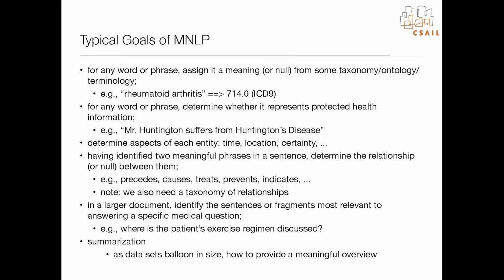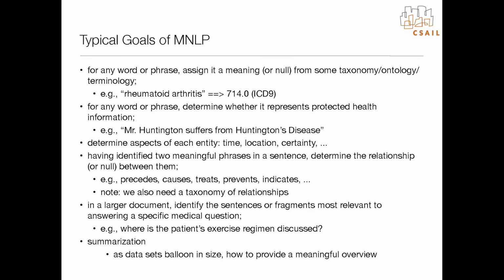And then you have little problems like "Mr. Huntington suffers from Huntington's disease," in which the first Huntington is protected health information because it's the patient's name, but the second Huntington is actually an important medical fact. And so you wouldn't want to get rid of that one.